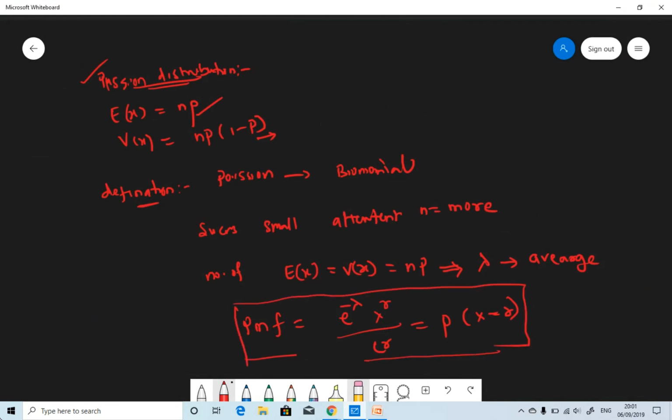Write down this formula, the mass function. Done.